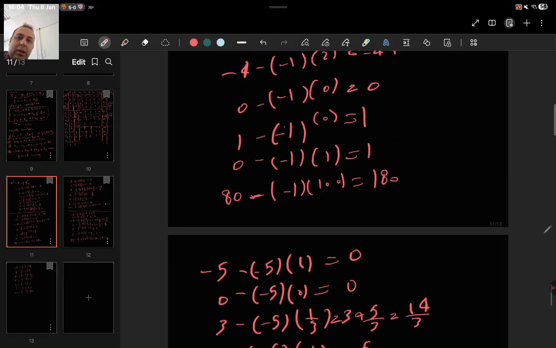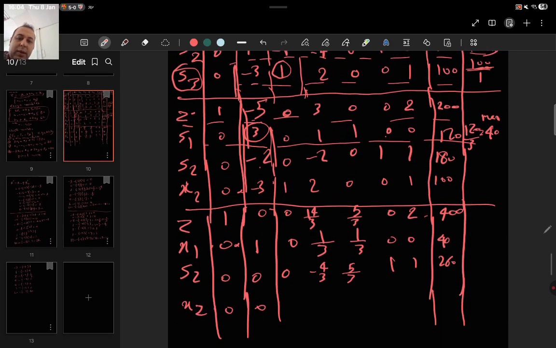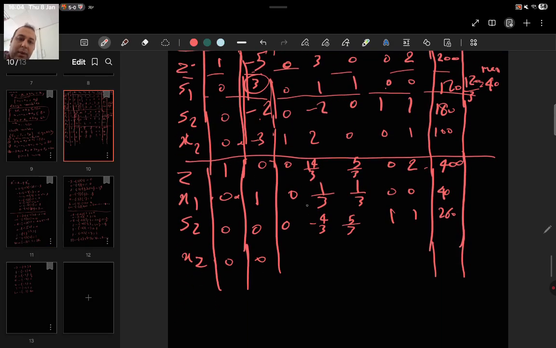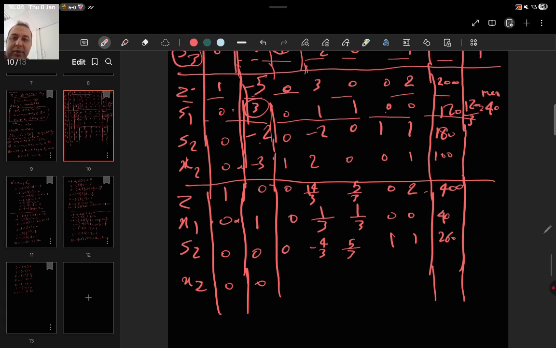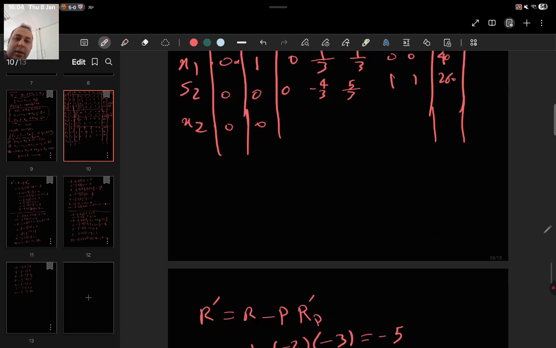What are they? It is a new pivot value in this row, which is the new value for the previous iteration pivot, which is here.